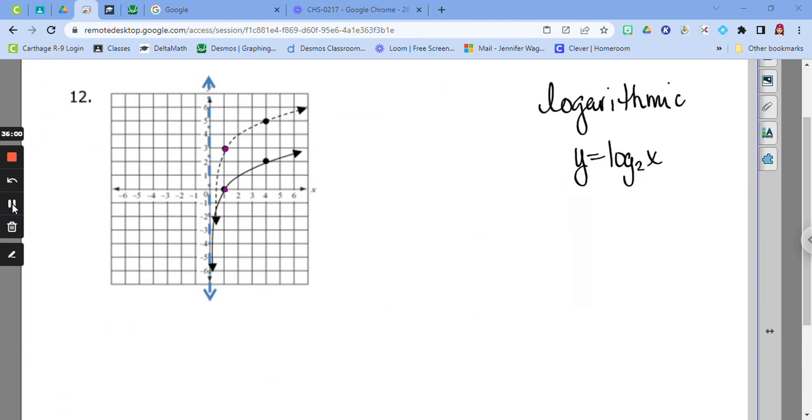So, what's the transformation? So my new function, don't confuse it for this.